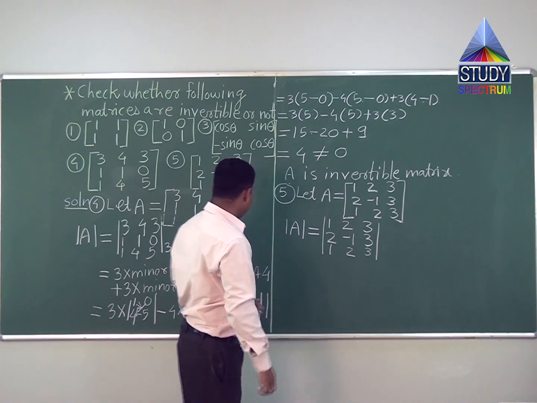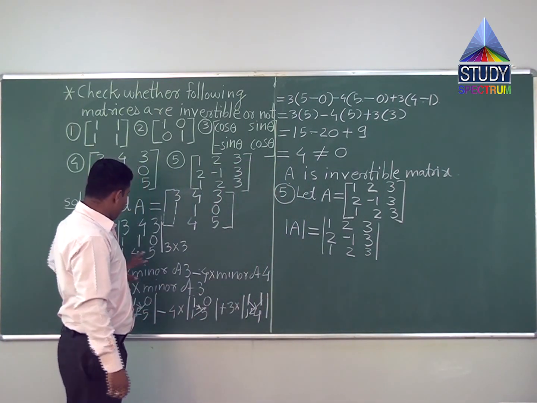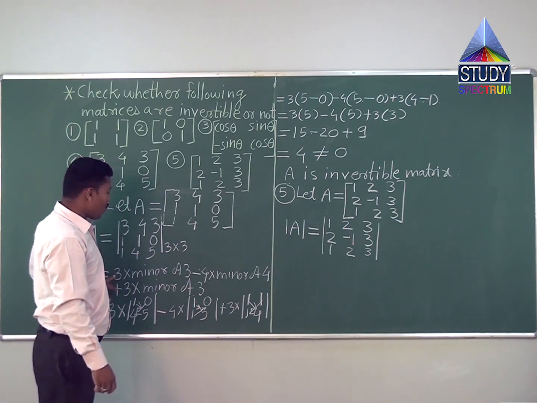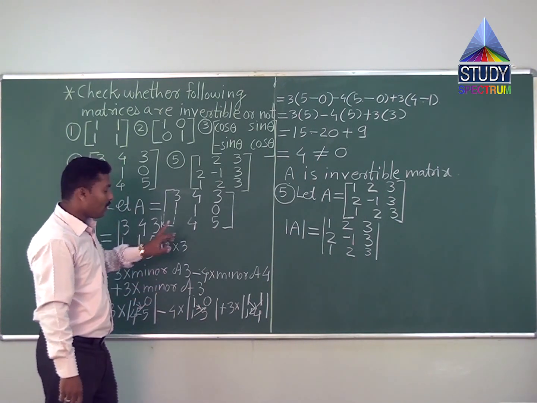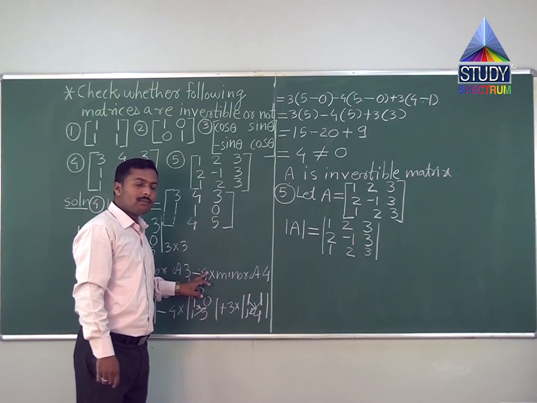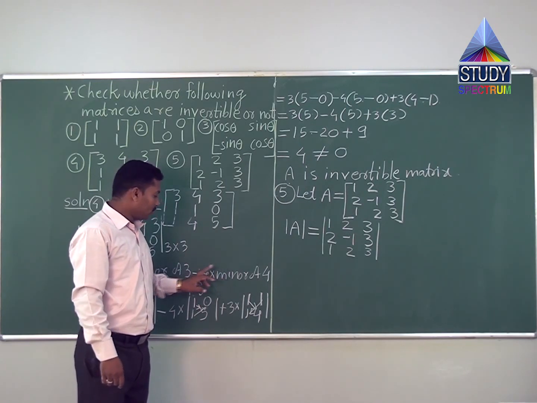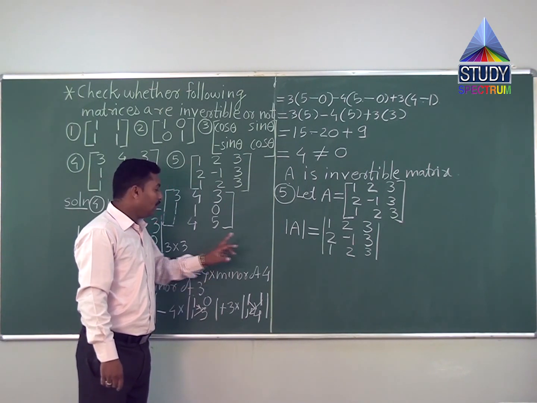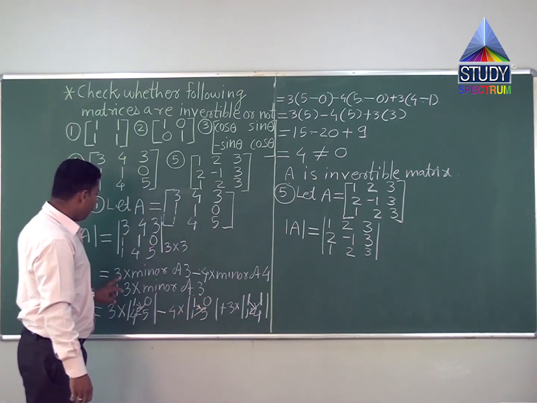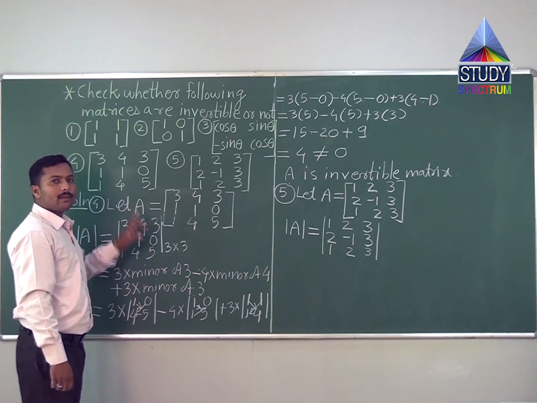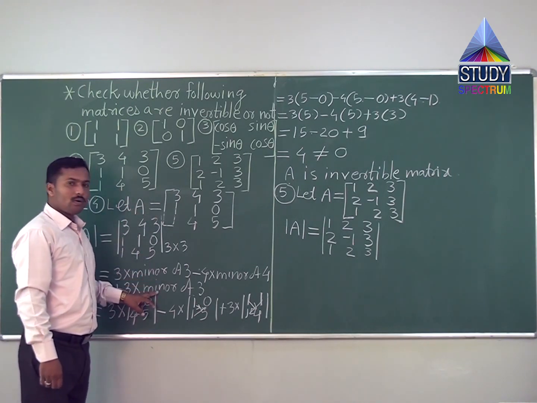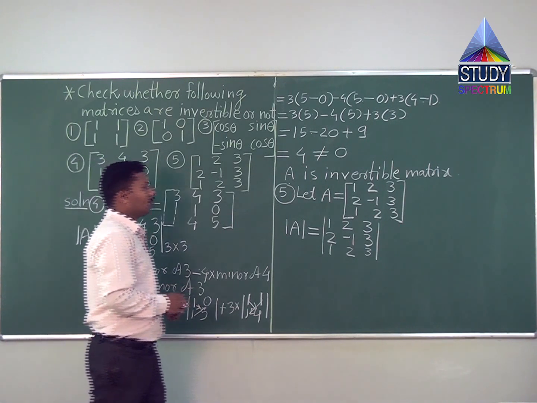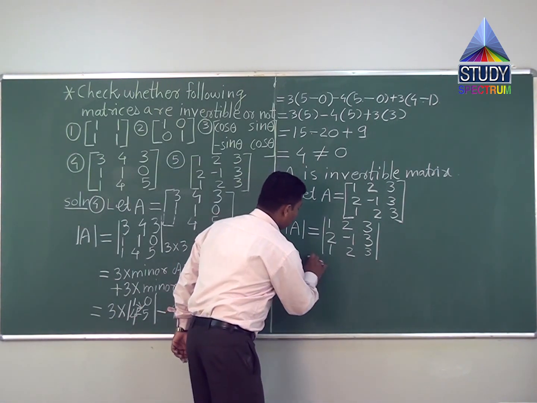By using this definition: first number of first row into minor of that number, minus second number of first row into minor of that number, plus third number of first row into minor of that number.